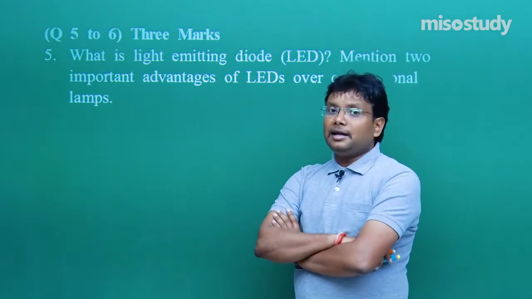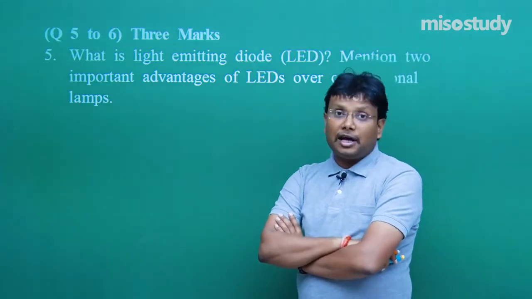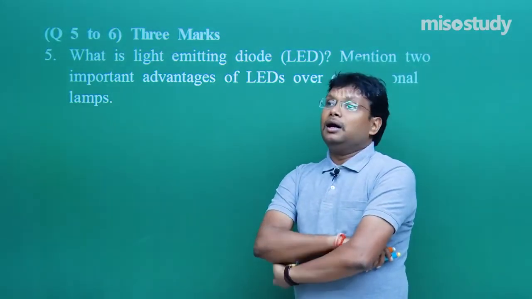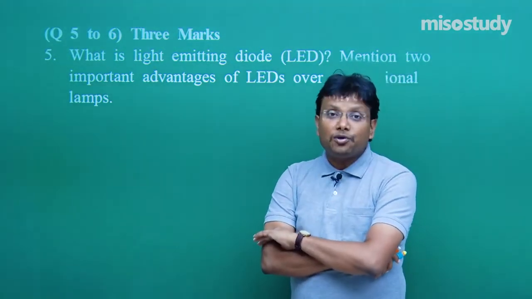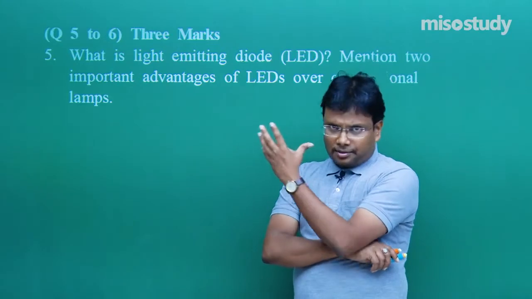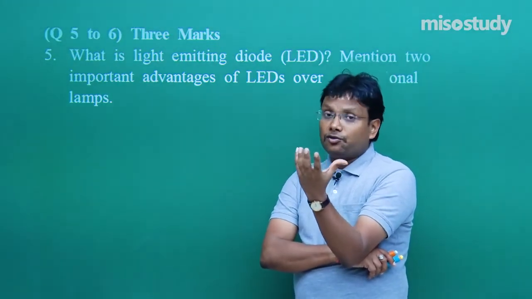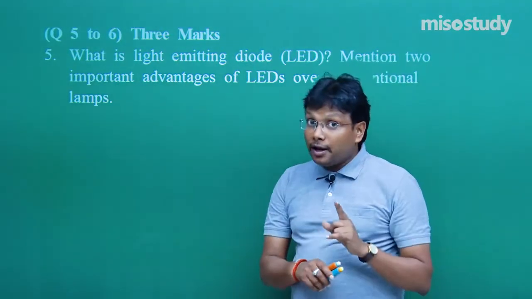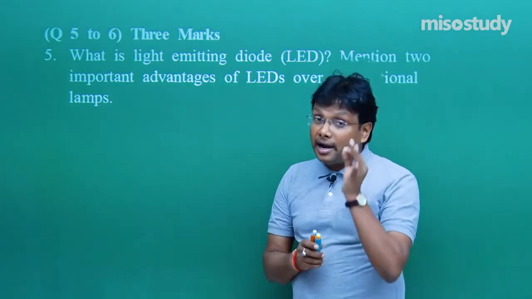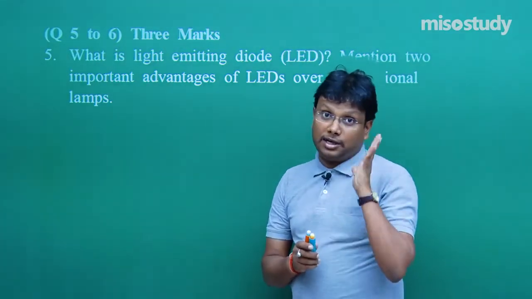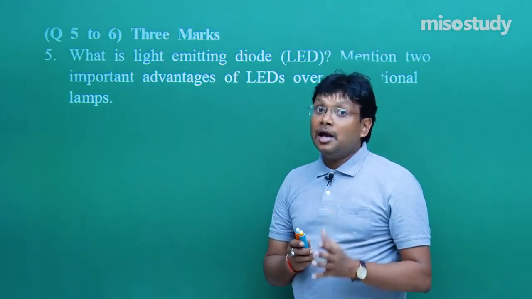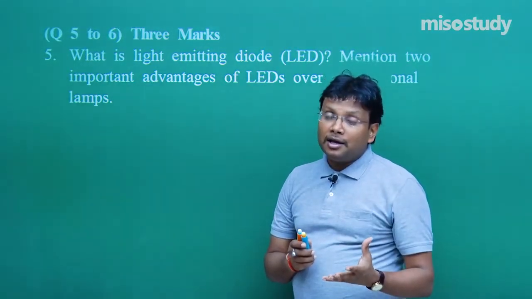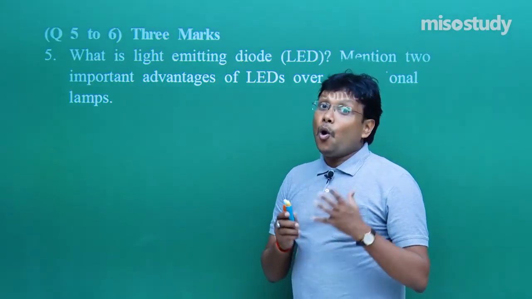A light emitting diode is a specific type of diode where emission of charge carriers takes place by means of exposing the diode to sunlight or any other relevant light source. In that video I even mentioned each and every minute detail of this light emitting diode: LED, QLED, OLED.